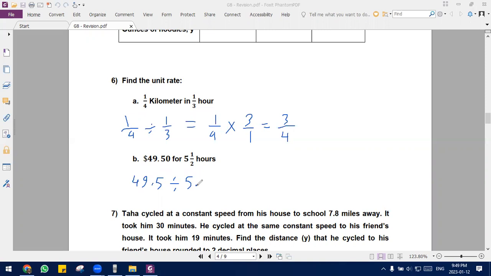It means 5.5 because half is 0.5. Now you have the calculator. You can just divide them. And then the answer will be 9. So like $9 for 1 hour. This is the unit rate.